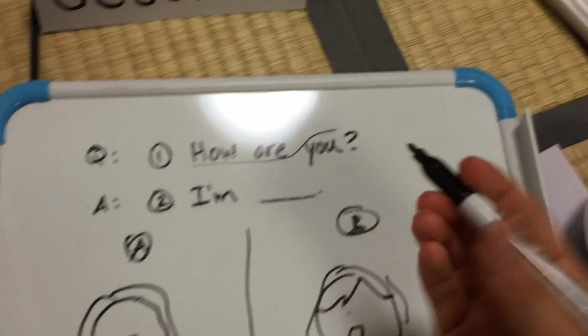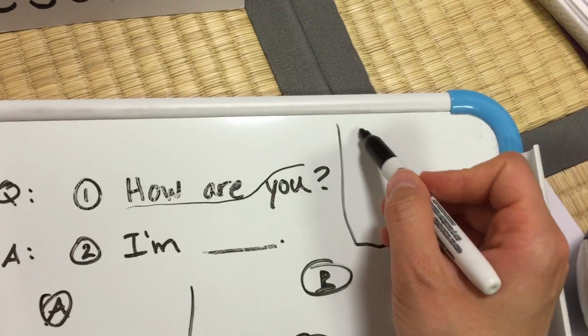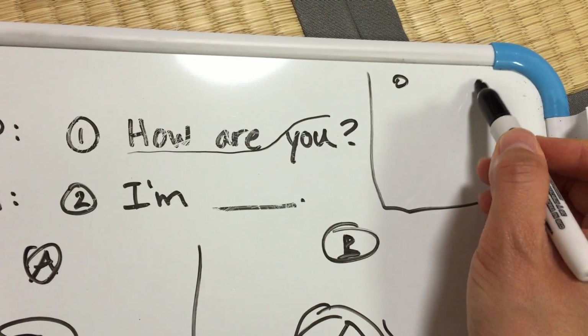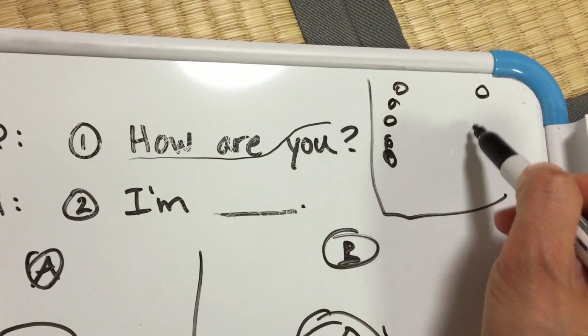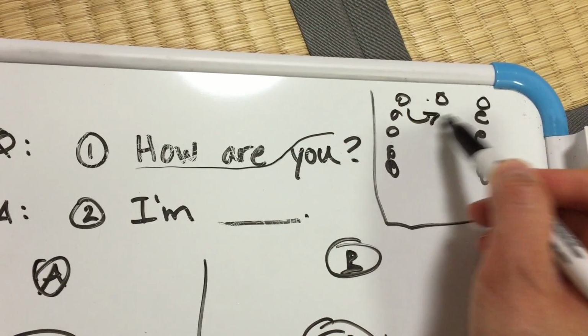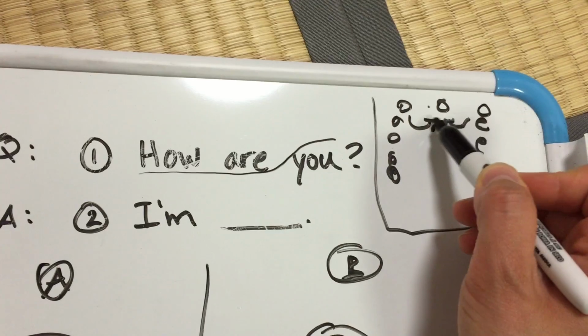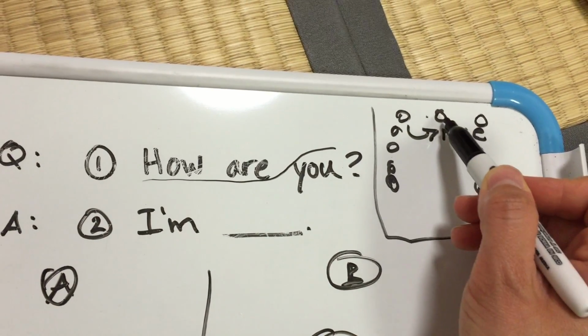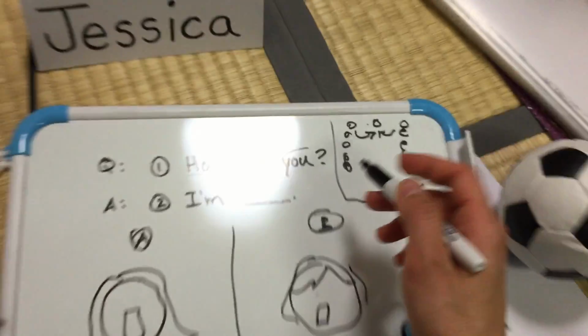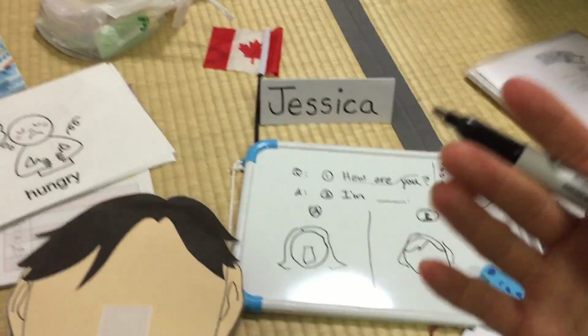What I would do is get the students to line up. Imagine this is your classroom. Team A and Team B are lined up on the sides, and Jessica Sensei is right in the middle. 1 member from each team comes, and at the same time they ask Jessica Sensei, me, "How are you?" And then Jessica Sensei would say, "I'm happy."